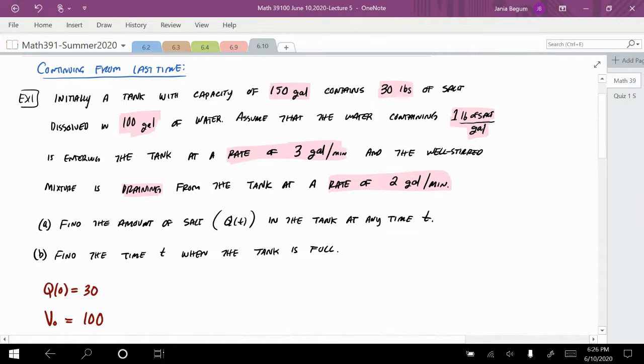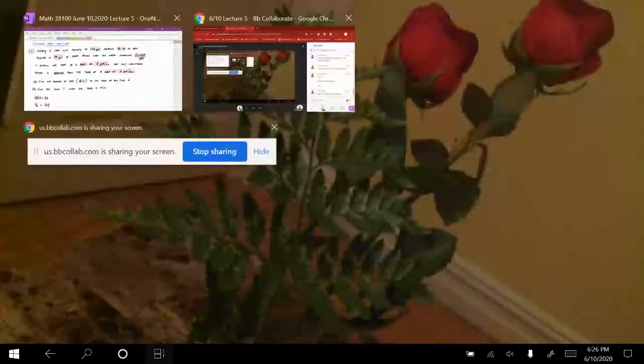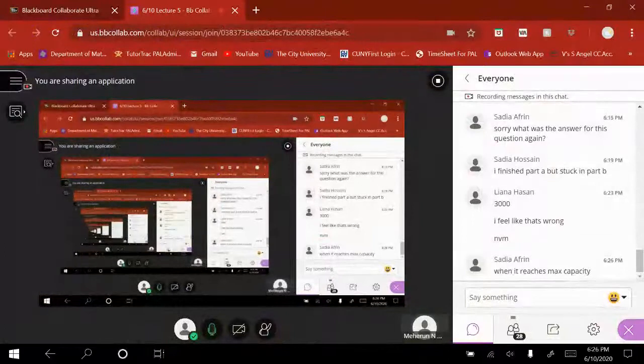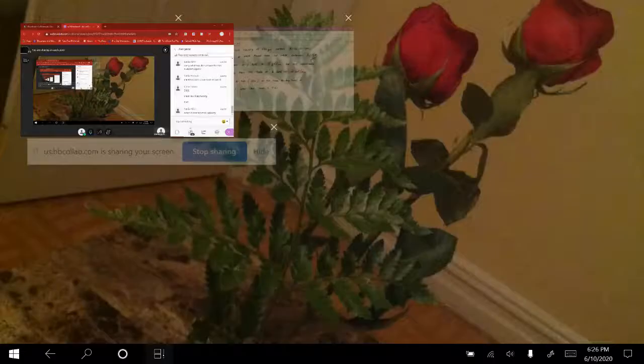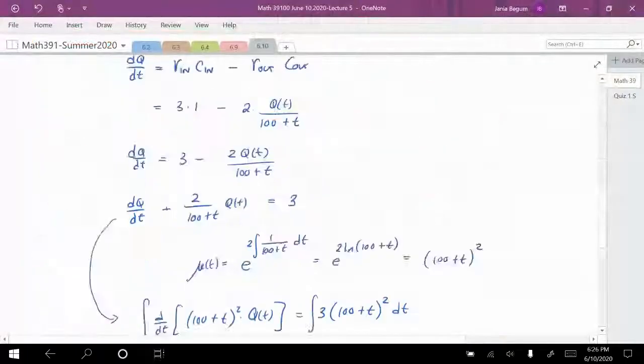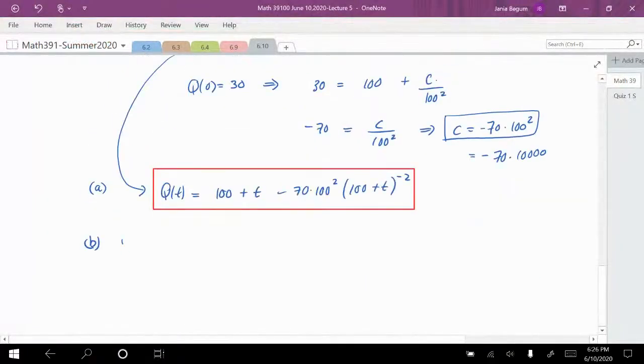Initially its capacity is 150 gallons. When it reaches its maximum capacity of 150 gallons, we want V of T to reach 150, because that's when it's going to be full.